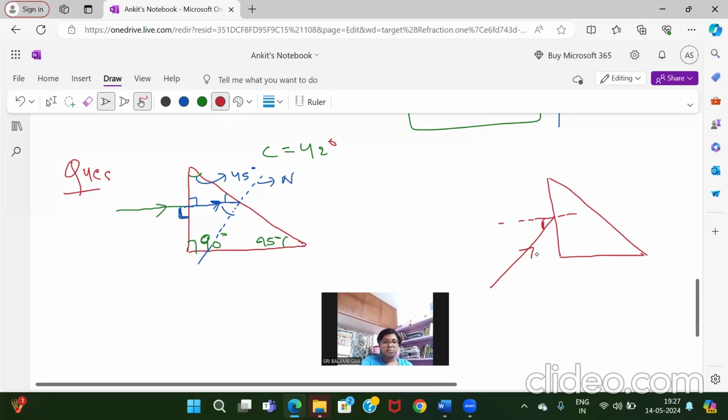But once this light is striking like this, normal to the surface, striking at 90 degree from this surface, then you will draw the normal here. What is the angle of incidence?